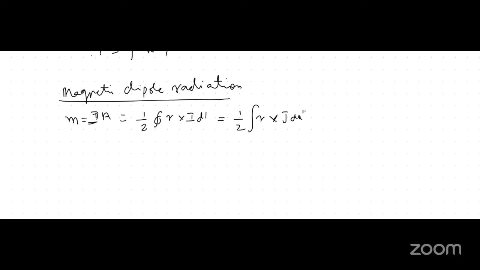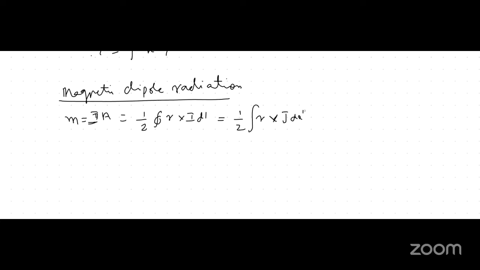Here we take this equation, and another equation, and we substitute this expression into the vector potential equation.